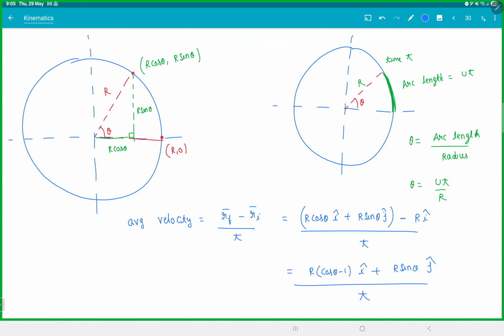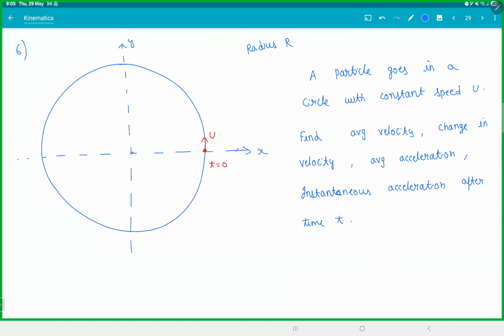Any doubts on this page, please ask me. The change, the average velocity. Clear, na, Vanchika? Clear with this? Siddesh? Clear with this? Let's get the change in velocity. Average acceleration, nahi aa raha. That's not the answer. What you found was instantaneous.